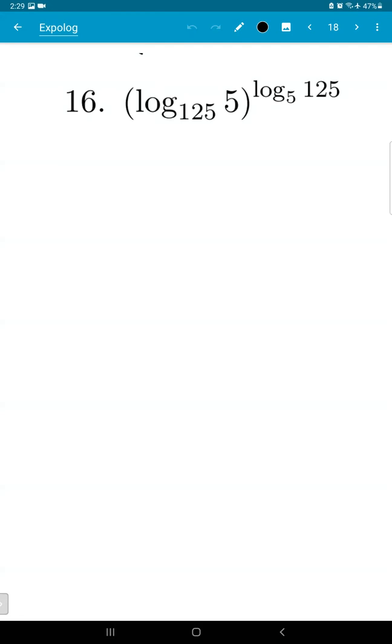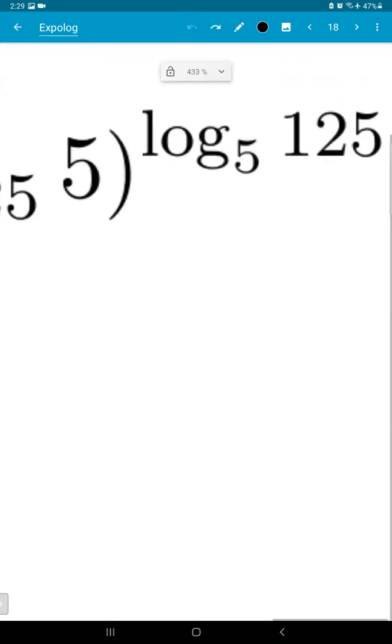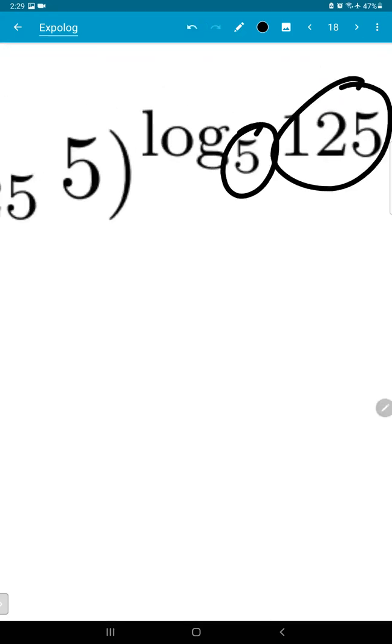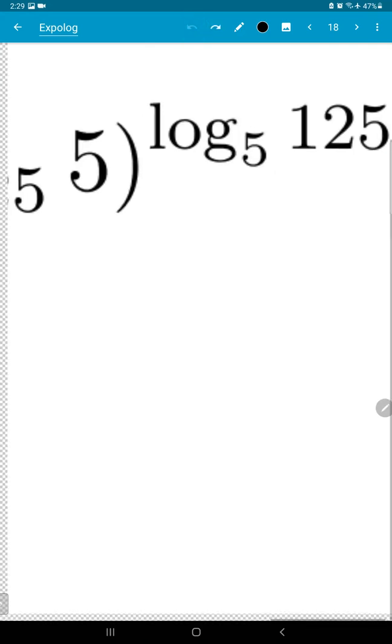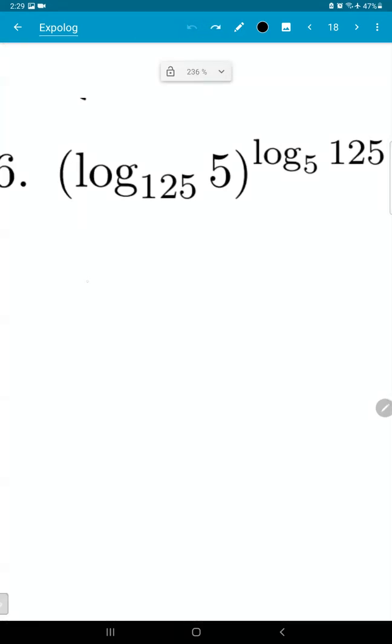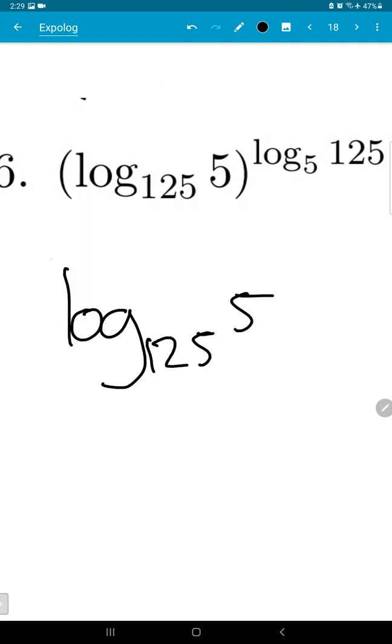Anyone? The outside first. Madaling i-evaluate yung nasa taas. What is the value of that? Okay, good. What should you raise 5 to get 125? Obviously. So we'll change that. 3 na siya. Next, the inside.